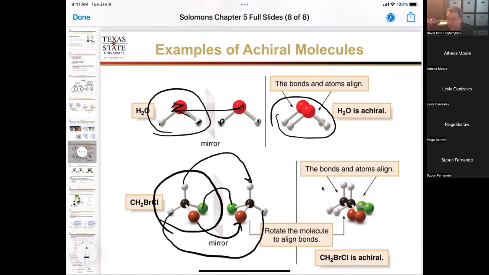But if we were to take this and rotate it around 180 degrees, the chlorines would line up, the bromines would line up, the hydrogens would line up, the carbons would line up, and the other hydrogens line up, meaning that they are fully superimposable. So what we're looking for is a mirror image where at least two of the atoms don't line up with the other molecule to be chiral. If they do line up, they are not chiral.